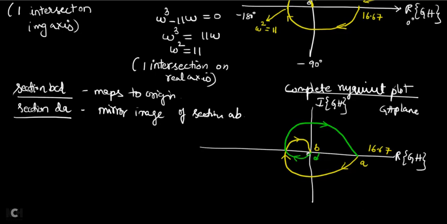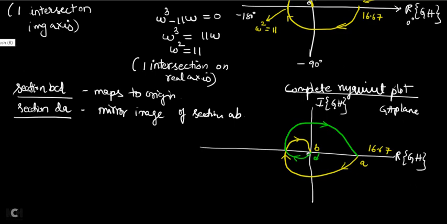So the arrow mark I am writing in a continuous way. If the arrow mark ends at B, then in the next case the arrow mark should continue from B. You should not write both incoming arrow marks for B. If the arrow is incoming for one case, for the other case the arrow should go out from B, like this. So this is your complete Nyquist plot.